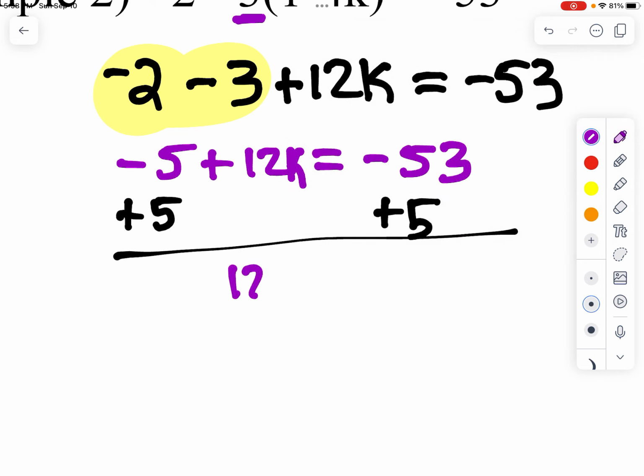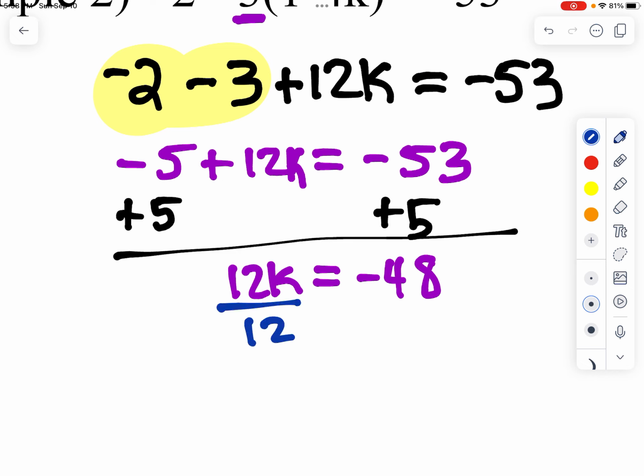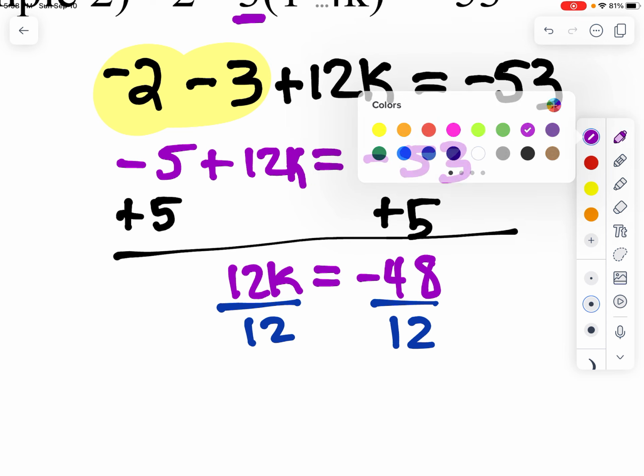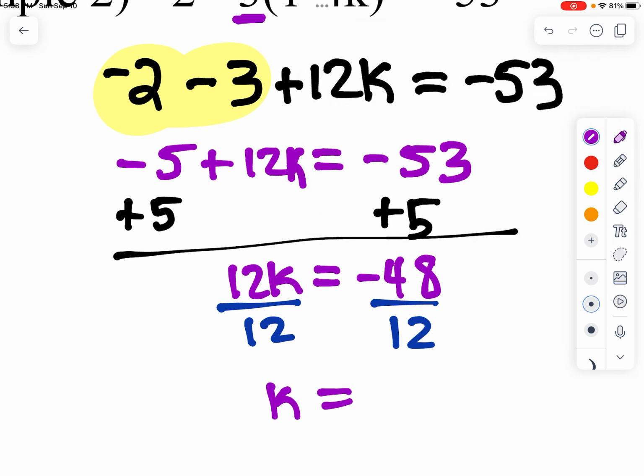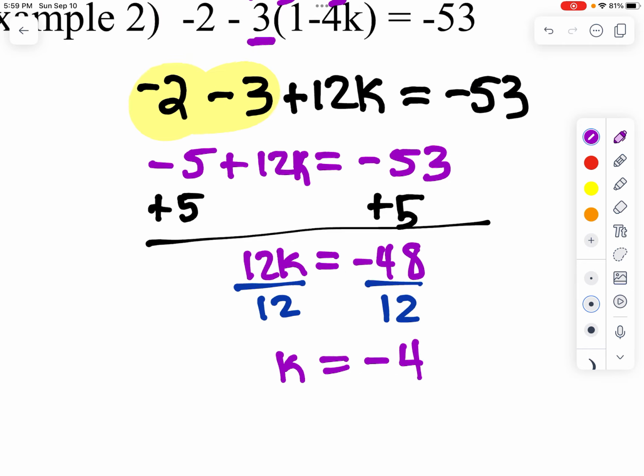I'm going to drop down that positive 12k. -53 plus 5, what is that? -48. And that's nice because now when I divide by 12 to undo k times 12, I'm going to get a nice answer. We don't have to get nice answers. We need to understand they're not always going to be nice, but in this case, -48 divided by 12 is -4.